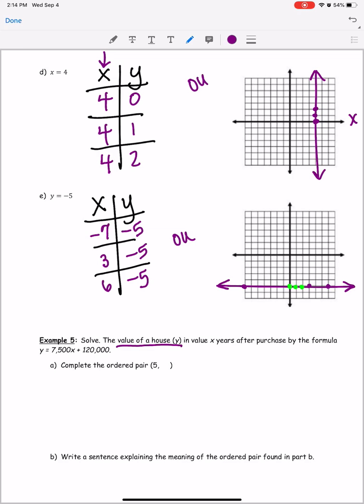The value of a house Y in value X years after purchase by the formula Y equals 75,000X plus 120,000. Complete the ordered pair. So this is what we've been doing. This is your X, solve for your Y.